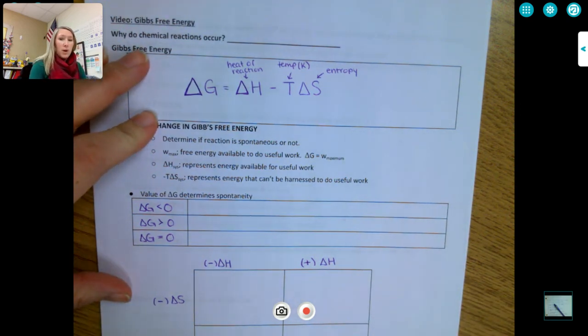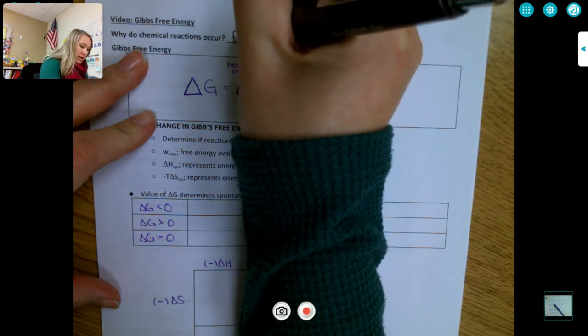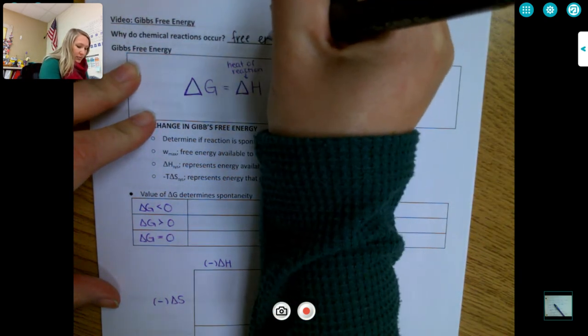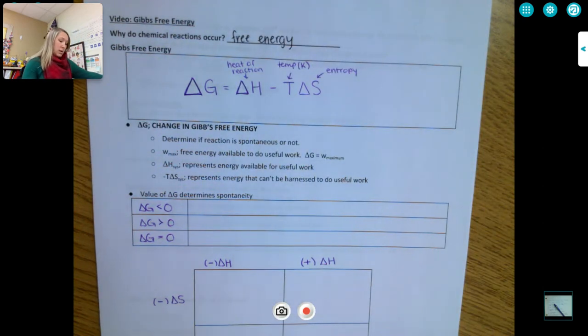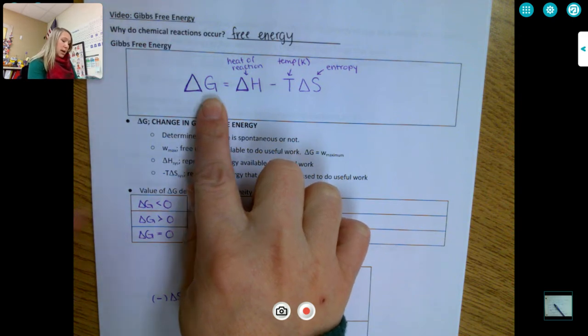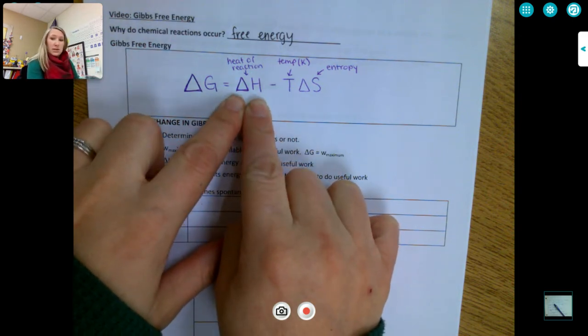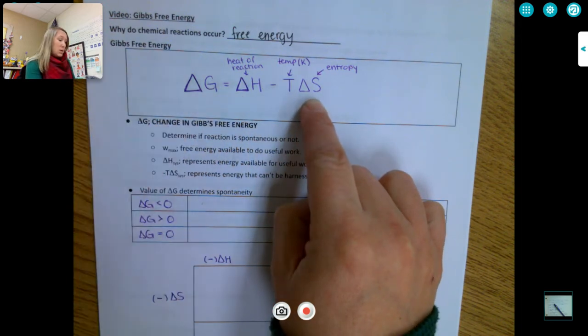So first off, why do chemical reactions even occur? Well, they occur because of free energy. And free energy has the formula. Well, first off, it's shown by delta G, and we get that from looking at the heat of reaction, or delta H, minus the temperature times the change in entropy.